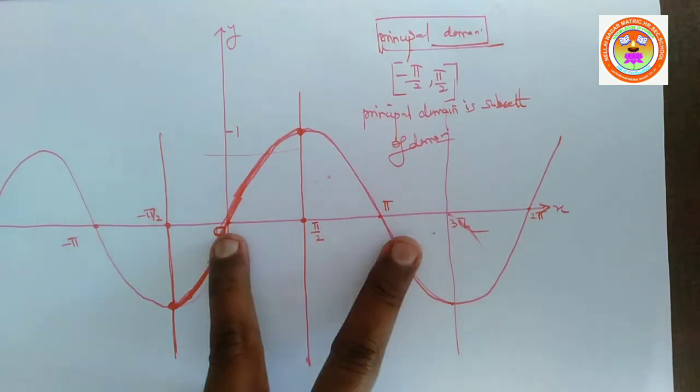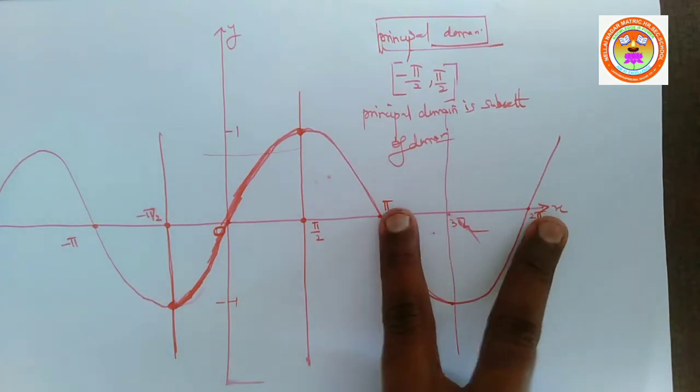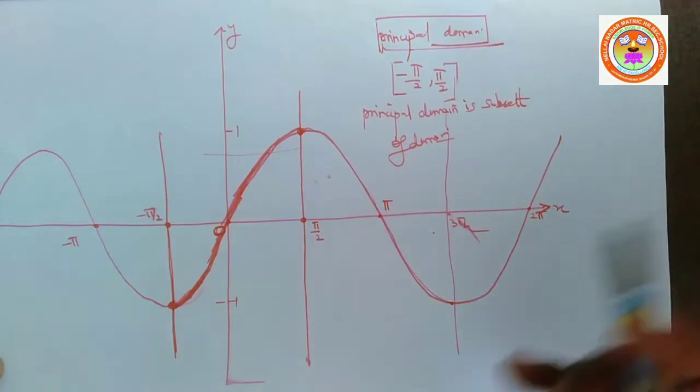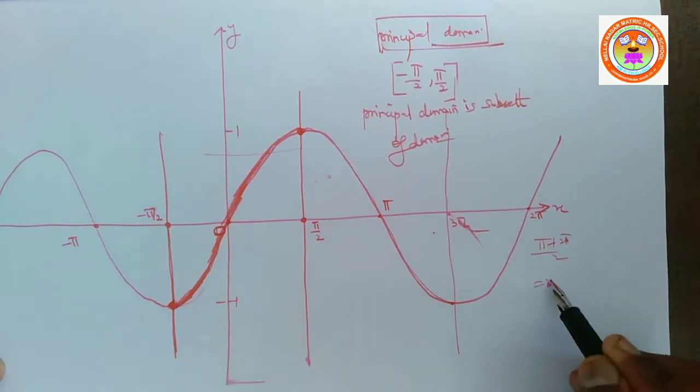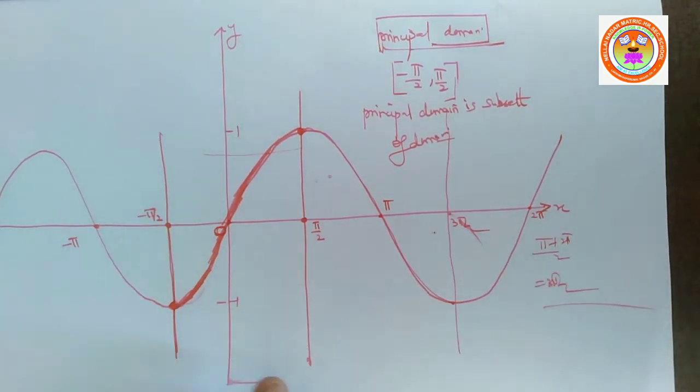This pi by 2 I marked using the midpoint. The midpoint of pi and 2 pi is pi plus 2 pi by 2, which is 3 pi by 2. After that we found the domain, the range, and finally the principal domain, for which we have some rules. After following those rules we found all the things. So with this we are finishing introduction part 2.